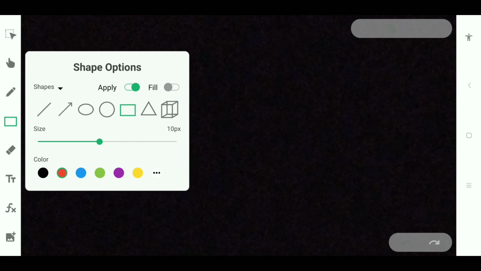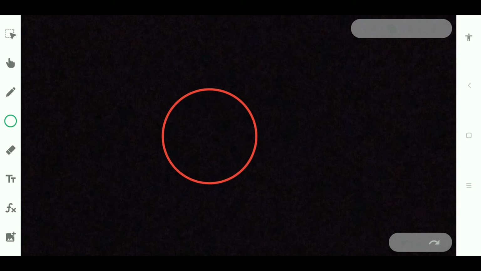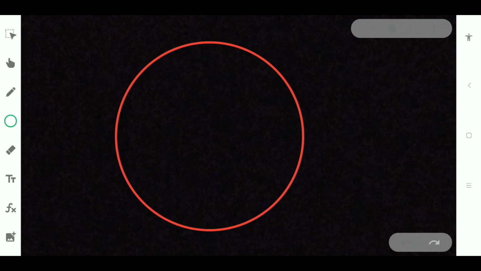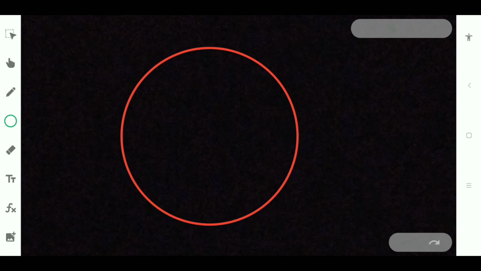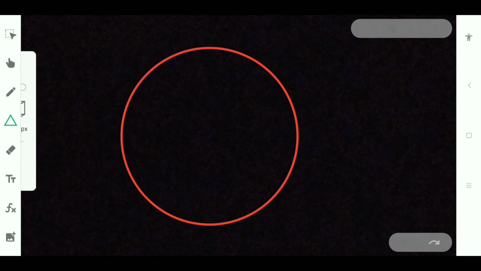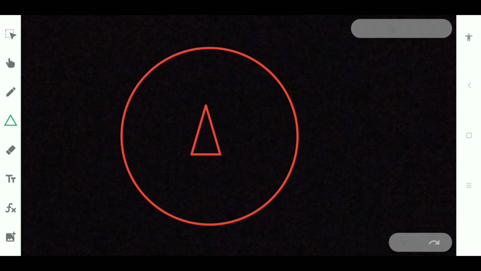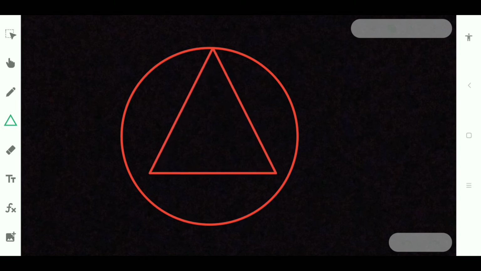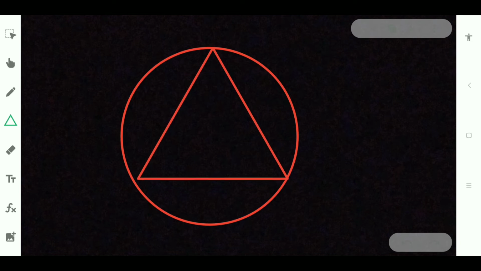What does this statement exactly mean? Let us take a circle and let us take any triangle. Let us take a triangle which is inscribed in this circle.